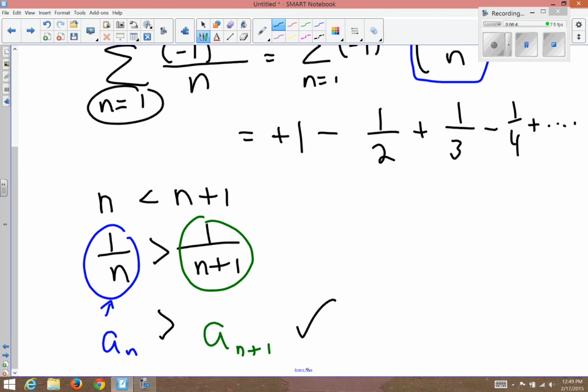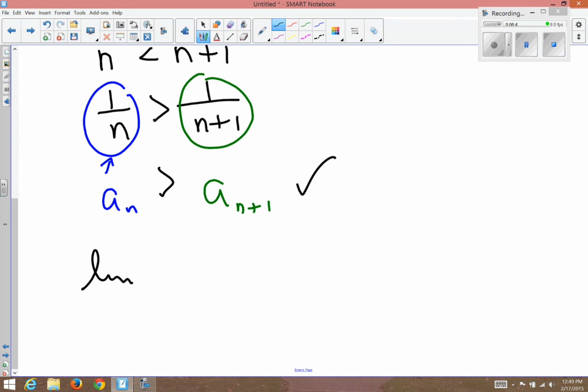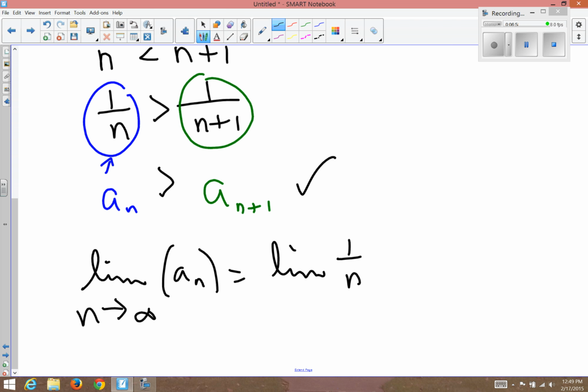We also need the limit of the nth term as n approaches infinity. When I say the nth term, though, in this test, I'm just talking about what has the blue circle around it, disregarding the sign alternator. The limit, in this case, of a sub n as n approaches infinity is 0. So check off the second condition.